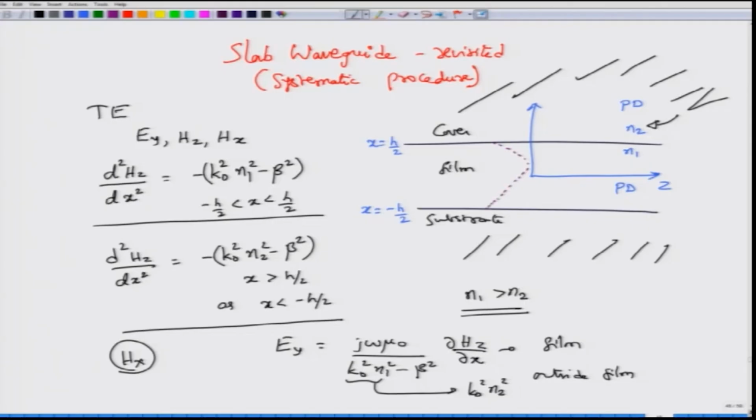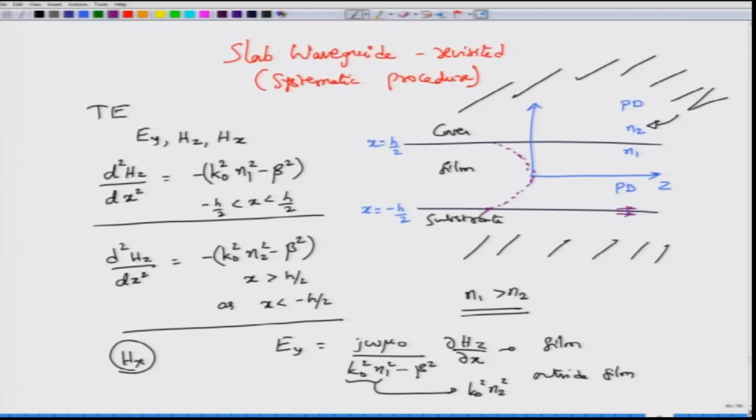So, it is a sinusoidal solution, but the solution cannot go to 0 here at the boundary. Why? Because the continuity between two perfect dielectrics is that the tangential components must be equal to each other. It does not say that the tangential component has to go to 0 here, only that these two will be equal, and we do know that there are evanescent fields outside the film because of total internal reflection phenomena.